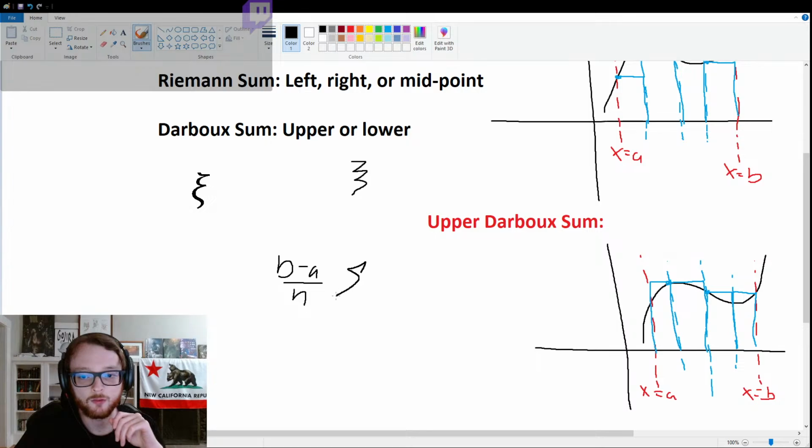B minus A over N for the width, from I equals, let's just say 1 to N. So if N equals 4, you have 1, 2.